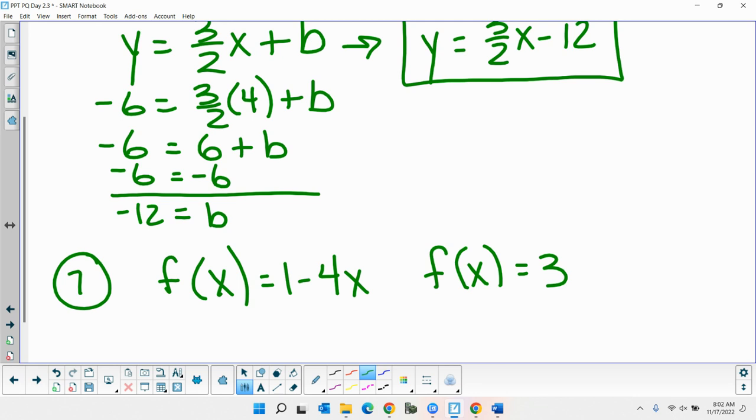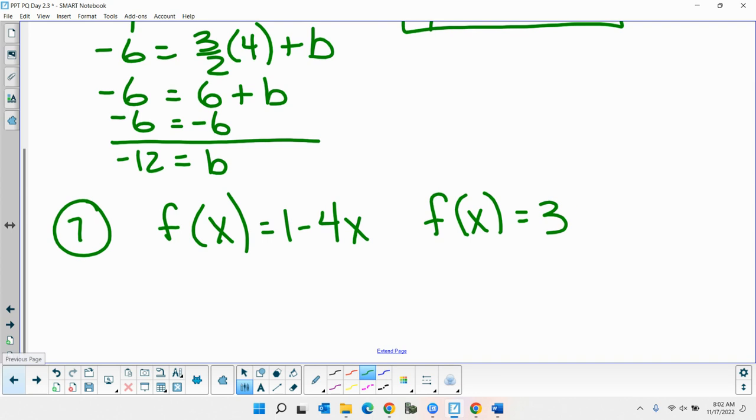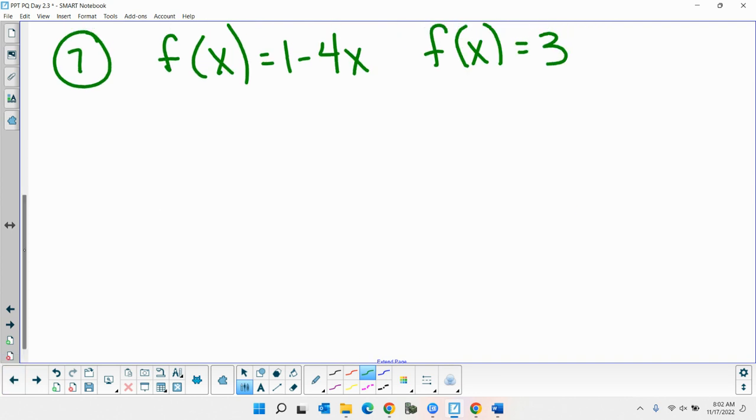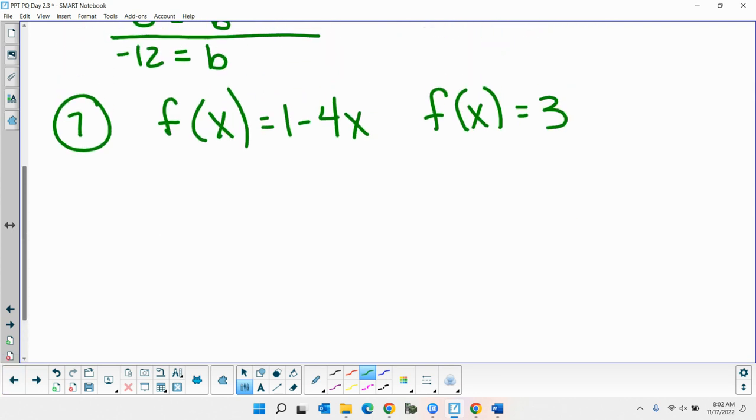All right, so again, the mistake some kids make because they get in a hurry, they're thinking f of 3. F of 3 means put 3 in for x. It didn't say f of 3, it said f of x equals 3. So all you do is say 1 minus 4x equals 3, because both of those are f of x. So they're just set equal.